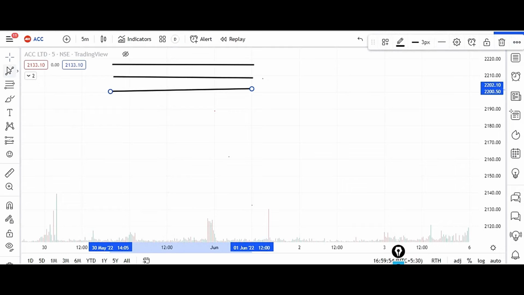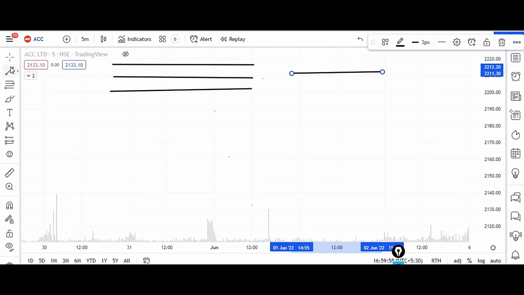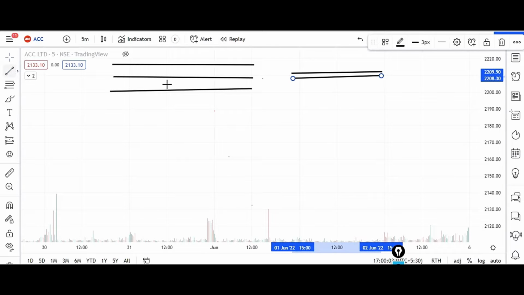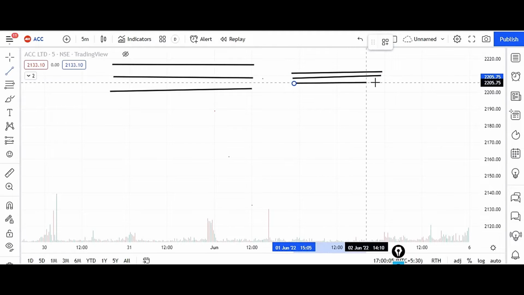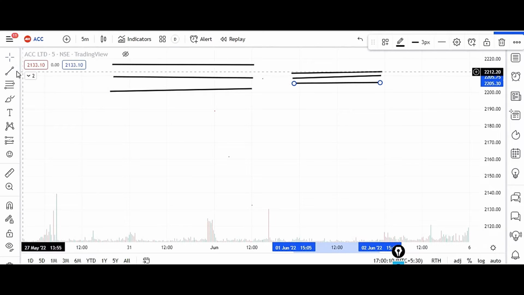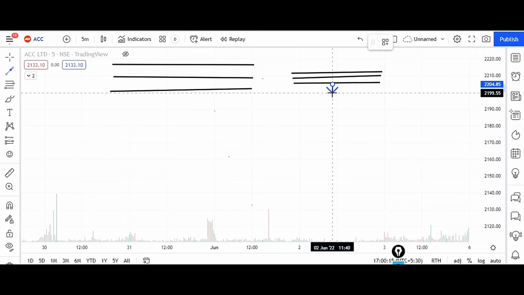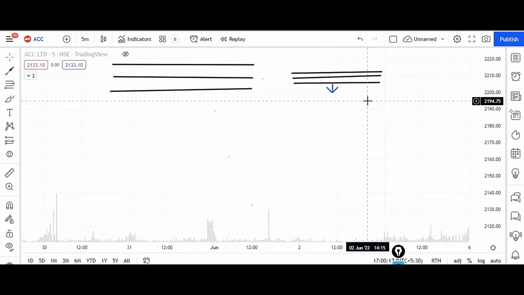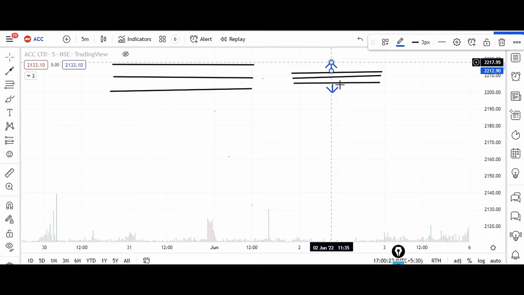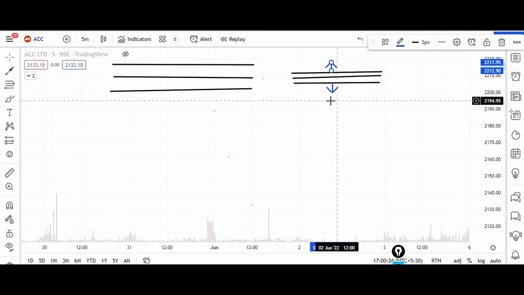This is yesterday's CPR and this is the central pivot of today's CPR. This is bottom central pivot. Here you can see today's CPR is formed inside yesterday's CPR, right? It's totally inside. This is the normal inside CPR setup.